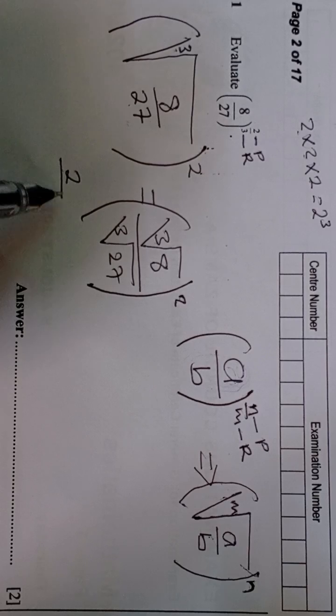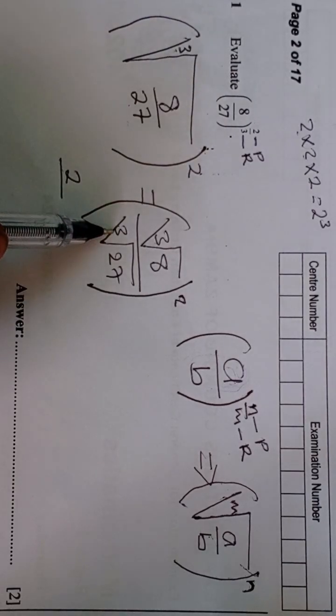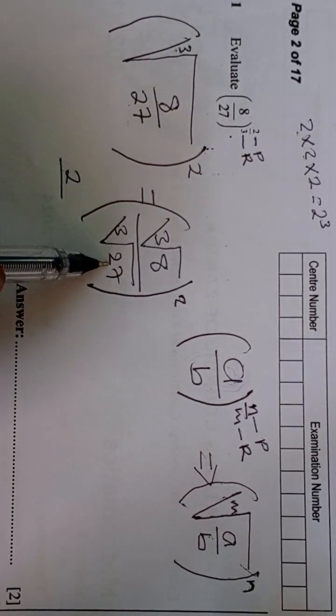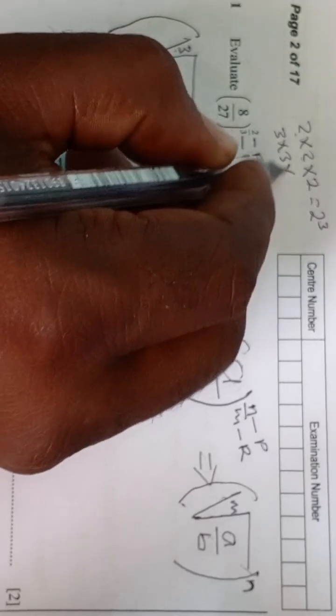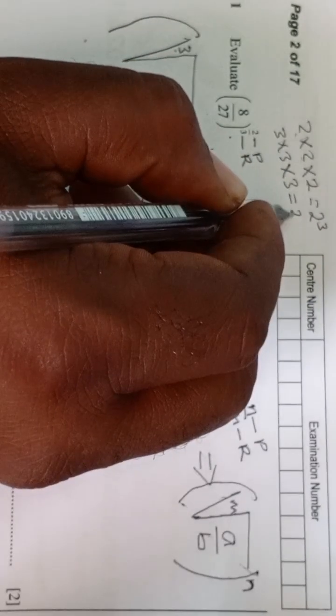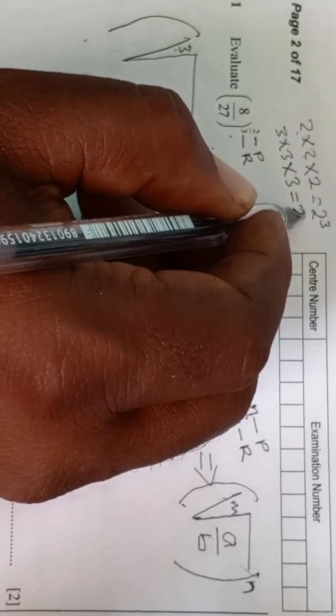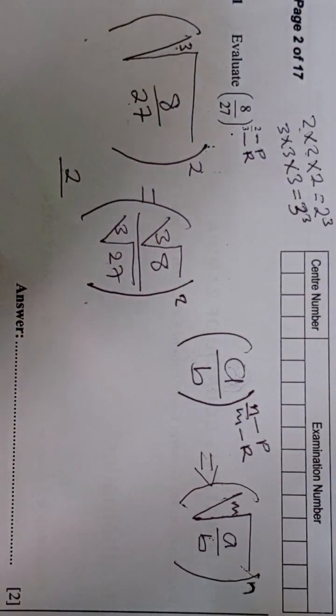Divided by a number that we can multiply 3 times to give 27. That number is 3. 3 times 3 is 9, 9 times 3 is 27. So it is 3 to the power 3, which is 27.